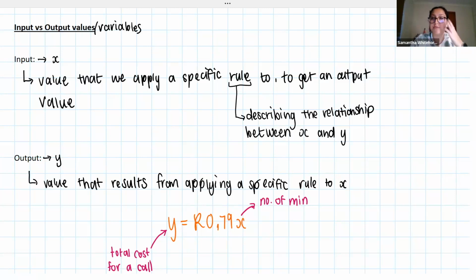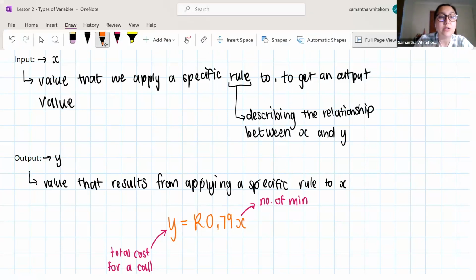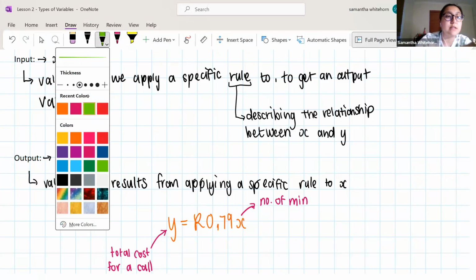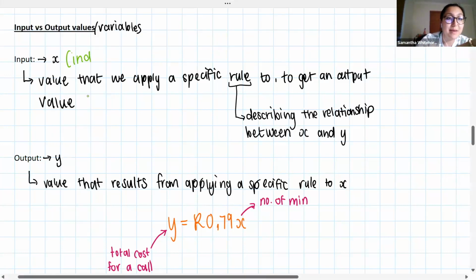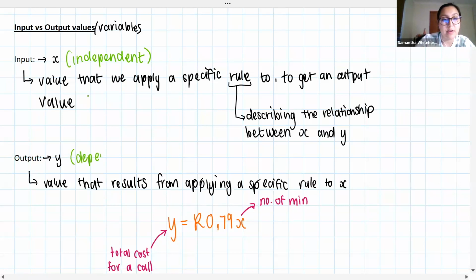Now guys, there are different ways of thinking about x and y variables. Another way to describe an x variable is as our independent variable. If you think about your life sciences, you've probably spoken about independent and dependent variables there. Y is then your dependent variable.